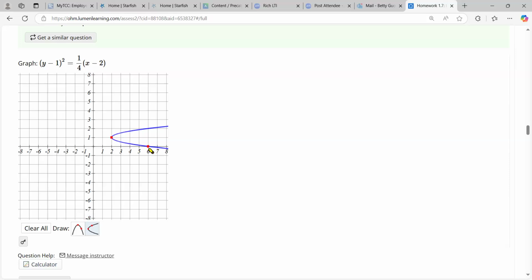What's the value of x? Six. Correct, 6. So we know the parabola passes through 6, 0. There we go.